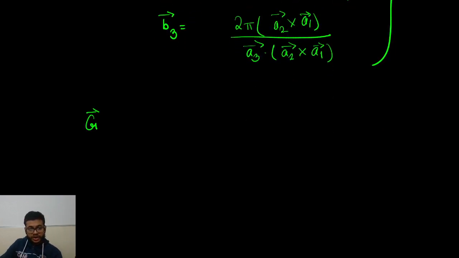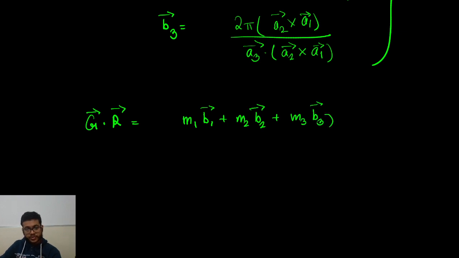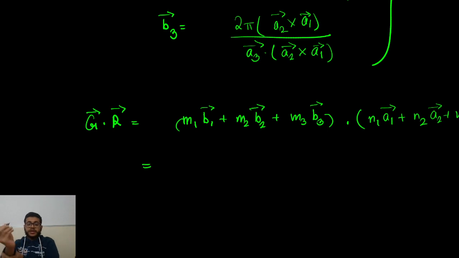So let us verify. What is G dot R? G is M1 B1 plus M2 B2 plus M3 B3, dotted with R, which is N1 A1 plus N2 A2 plus N3 A3. If you multiply it, what will you get?